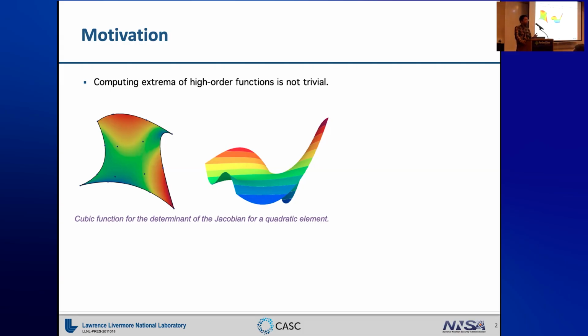So ensuring mesh validity translates to computing the global minima of this function in each element and checking if it's positive or not, right? So in this case, it's a second order element. The determinant of the Jacobian ends up being a cubic function. And as I said, solving an optimization problem is going to be very expensive, not feasible.